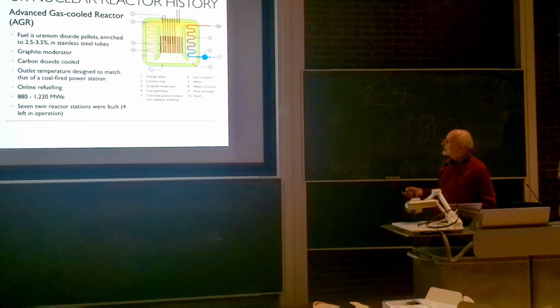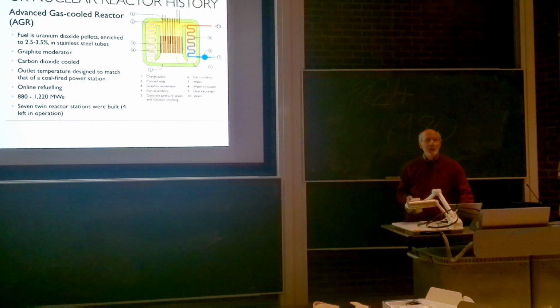Interestingly, the outlet temperature from these reactors was designed so that they would match what was coming out of coal-fired power stations, which meant that they could just use the existing turbines and the electricity generation equipment that had been used for many years.